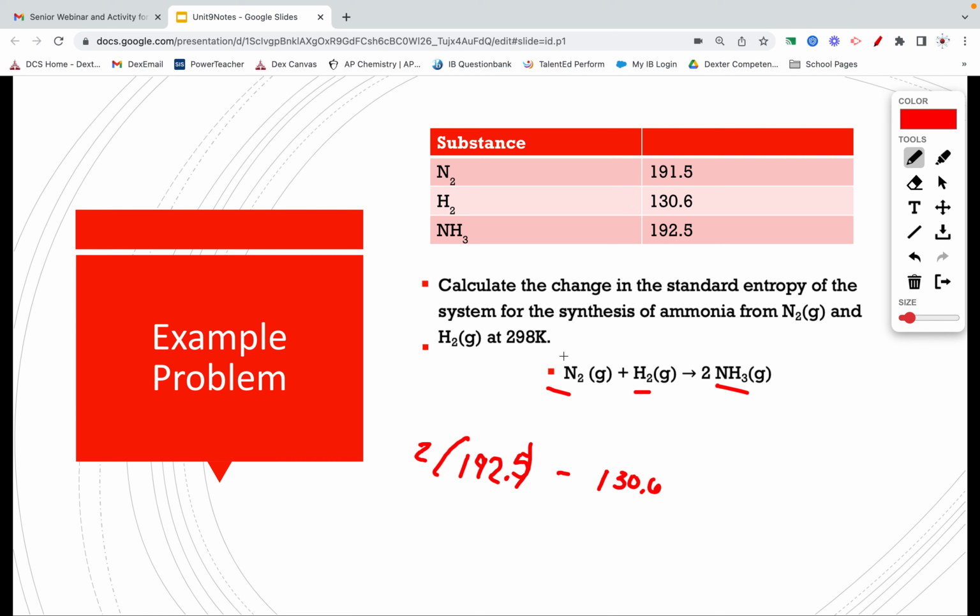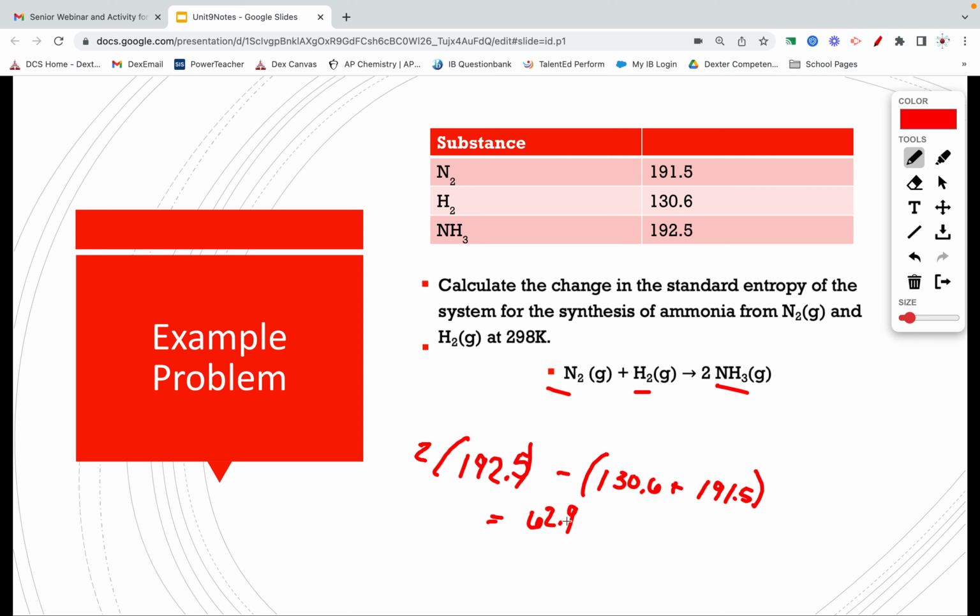Hydrogen does not have a coefficient, and nitrogen also has no coefficient, so it's just 191.5. So we do 2 times 192 minus 130 plus 190, and you're going to get 62.9.